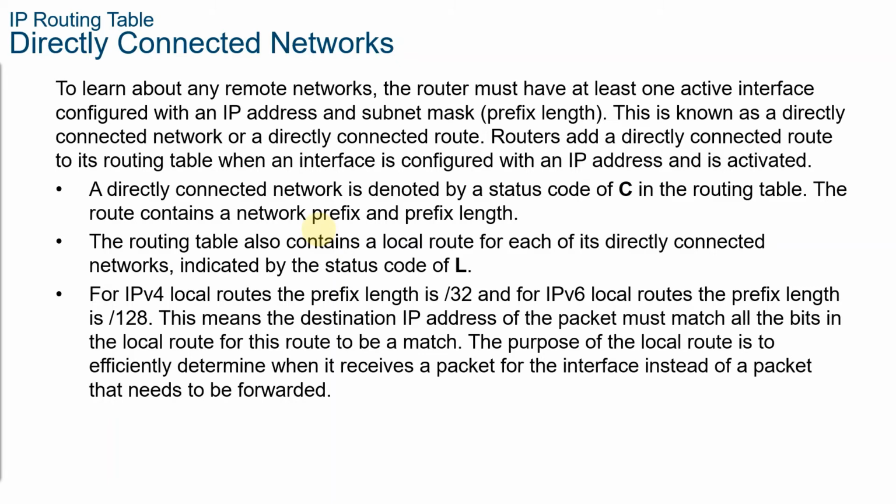For IPv4 local routes, the prefix length is 32, and for IPv6 local routes, the prefix length is 128. This means that the destination IP address of the packet must match all the bits in the local route for this route to be matched. The purpose of the local route is to efficiently determine when it receives a packet for the interface instead of a packet that needs to be forwarded.